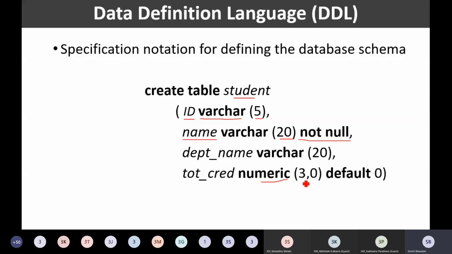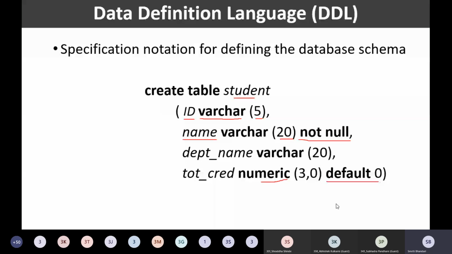So I would like to store a maximum 3-digit number as the total credit. And I'm having here the default value for total credit as 0. So if I'm not inputting anything for total credit, by default the number 0 will be the value of total credit.